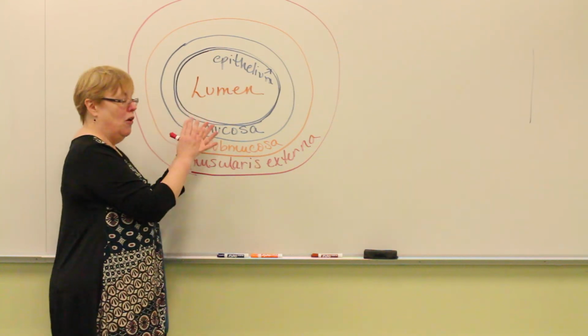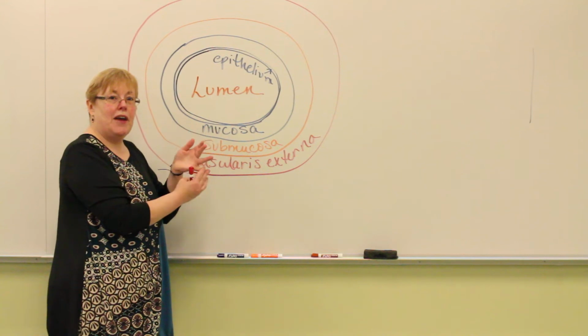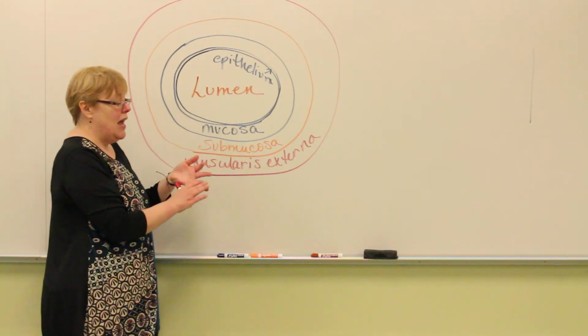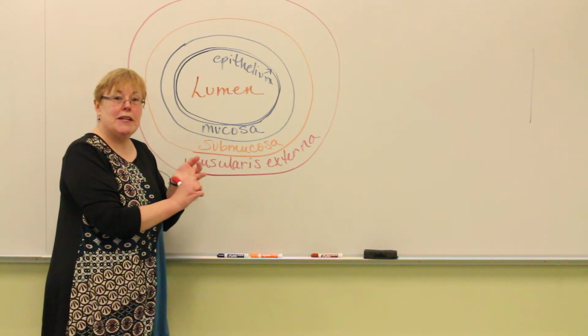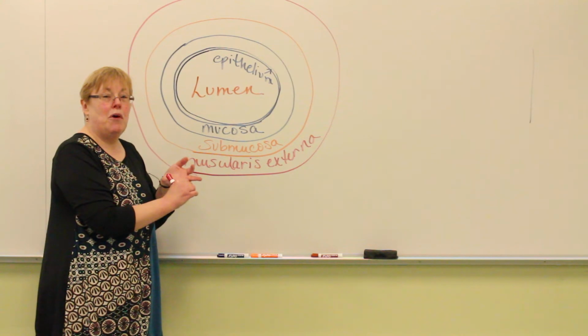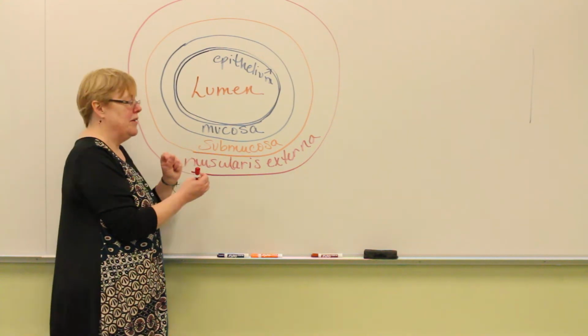And by alternating the activity of these 2 layers, this is what allows us to have activities like peristalsis, one of our propulsive activities, and another activity called segmentation, which we'll see in reference in the small intestine as a way of mixing food material with secretions.